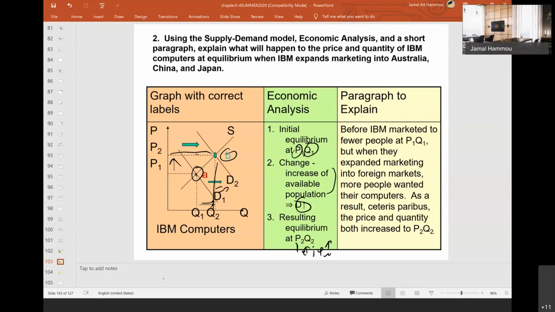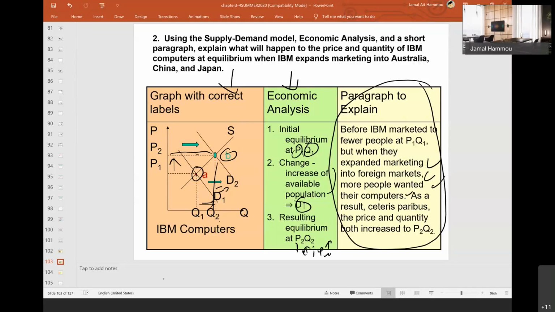I'm just looking at the graph. So you have this column and this go together; this is the explanation. If you want to put it in plain English, you can do this also. Before IBM expanded to the new markets, they had less market available. When they expanded to foreign markets, more people wanted their computers.